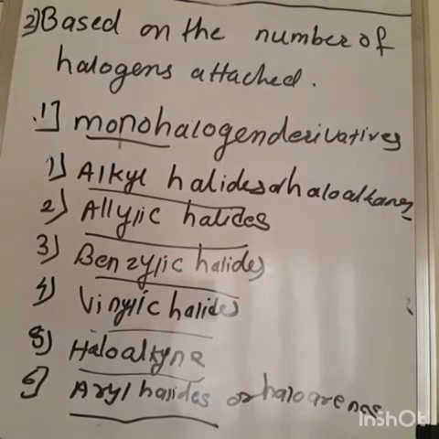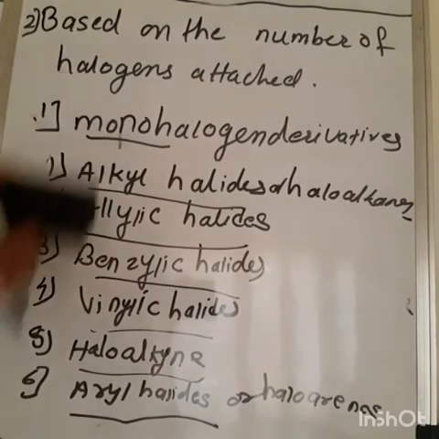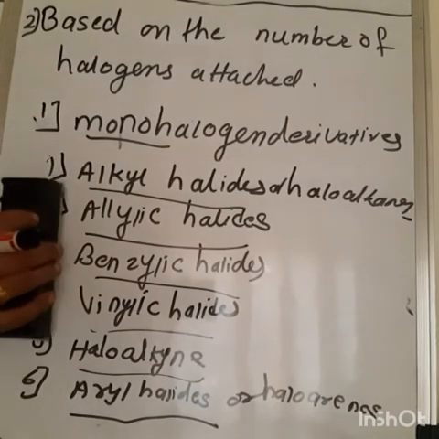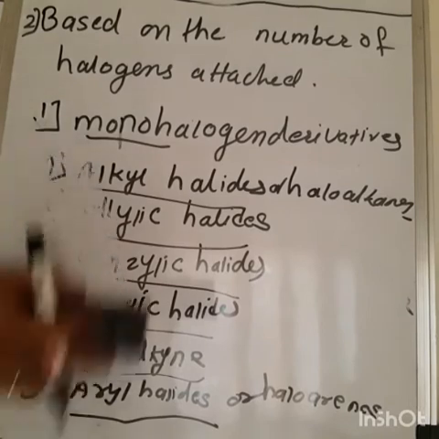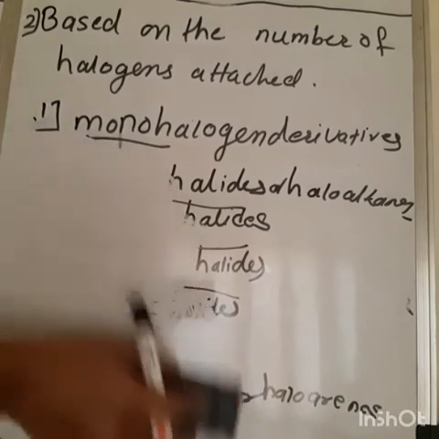So there are some examples of all these compounds. First see what monohalogen derivatives are.